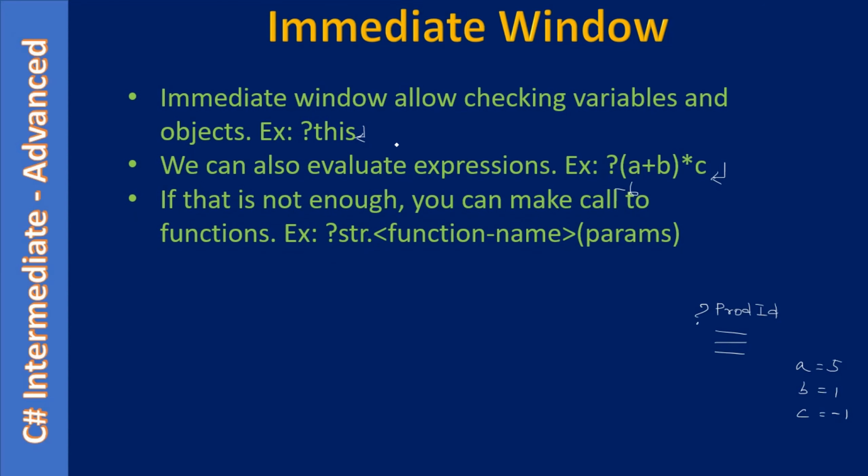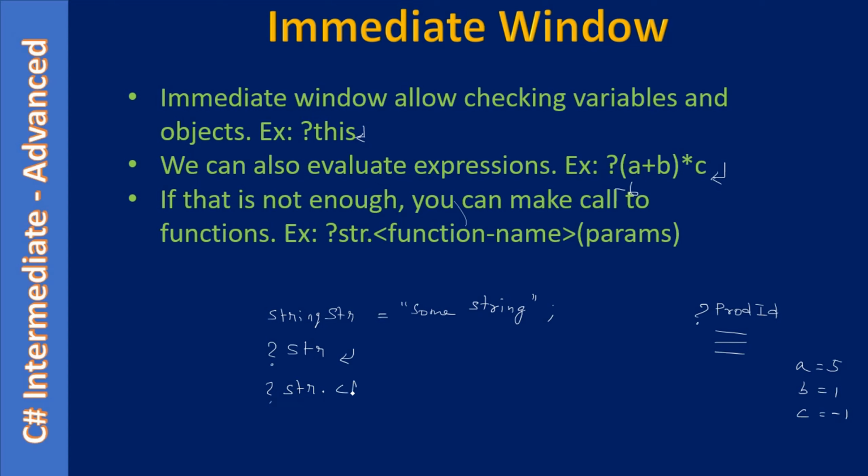You can also make a function call using the immediate window expression. For example, you can put a question mark and, let's say there is a string str. If this is the string, then you can print the string content, or you can even make a call using str dot.